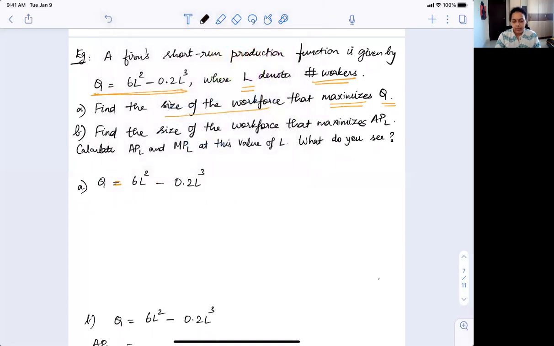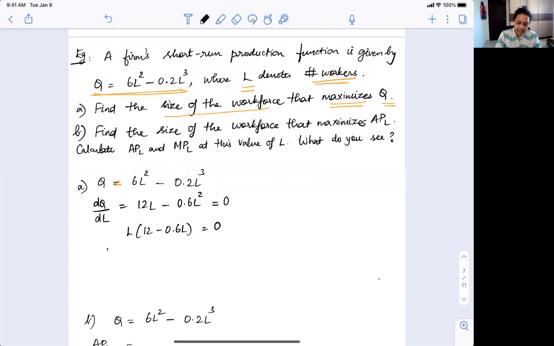Now the first step is to find dQ by dL and equate this to 0 to find the critical point. So dQ by dL is going to be 12L minus 0.6L squared. And if that is 0, let's factor out L here. So L times (12 minus 0.6L) is 0.